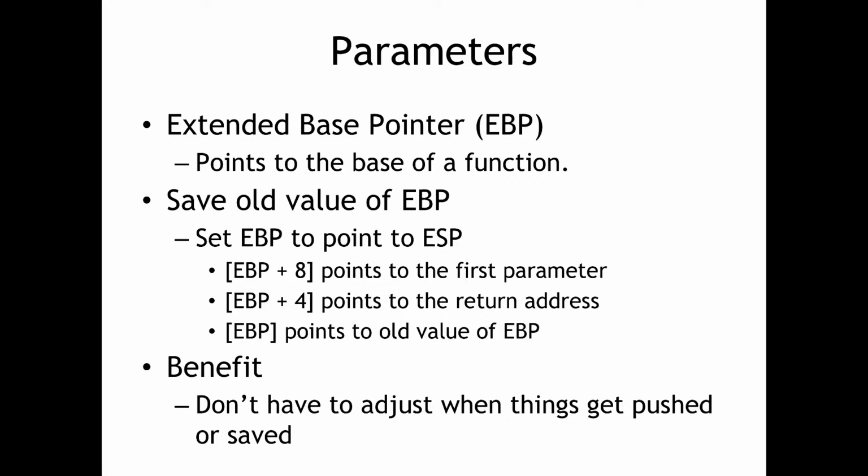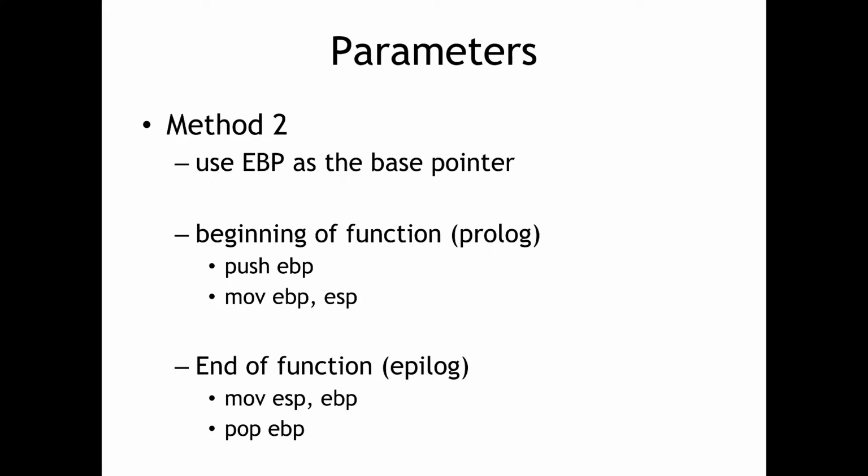So the benefit is that whenever we modify ESP, whenever we modify the stack in the function, we don't have to worry about that. Arguments will always be essentially statically allocated based off of the value of EBP. So what does that mean? Well, we're going to do 2 things that we enter a function called the function prologue and the function epilogue.